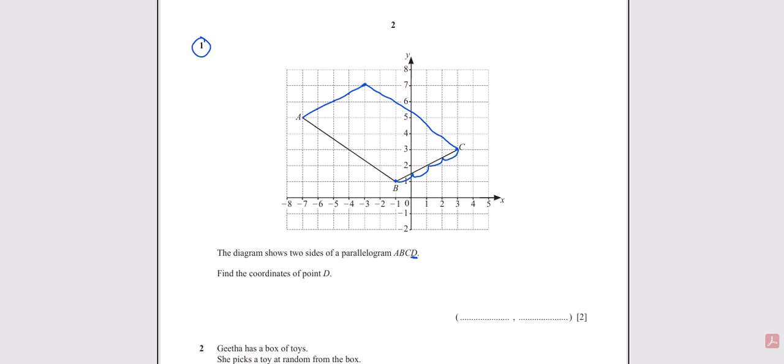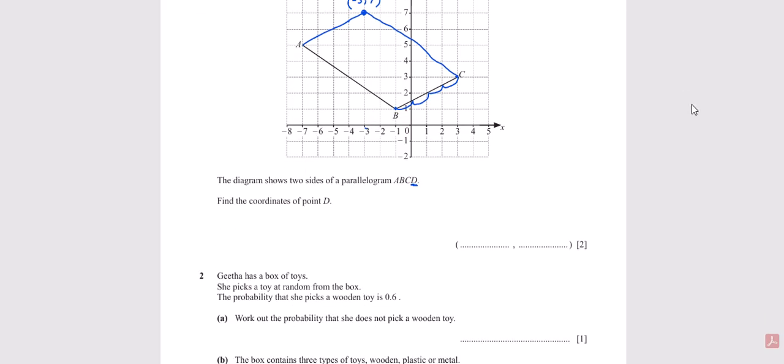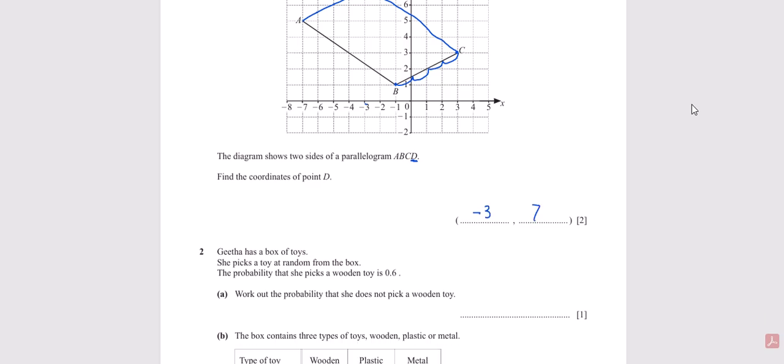So this point is, look downward, -3, and this one is 7. So the required point is -3 and 7.